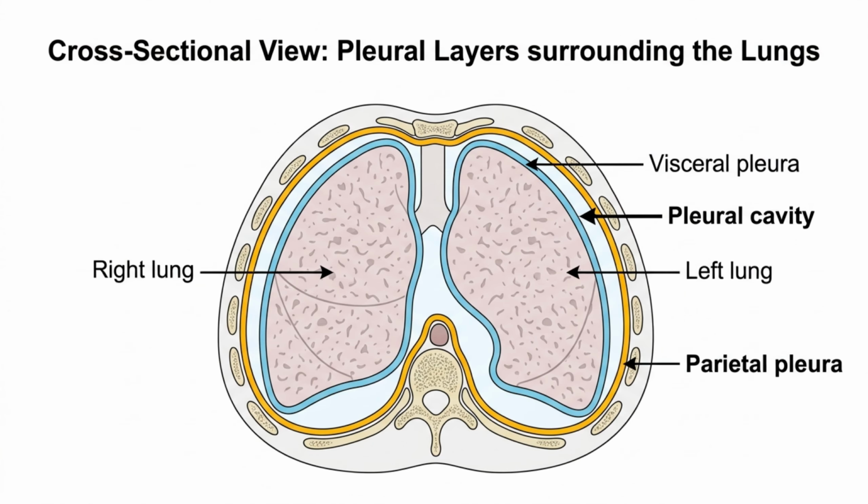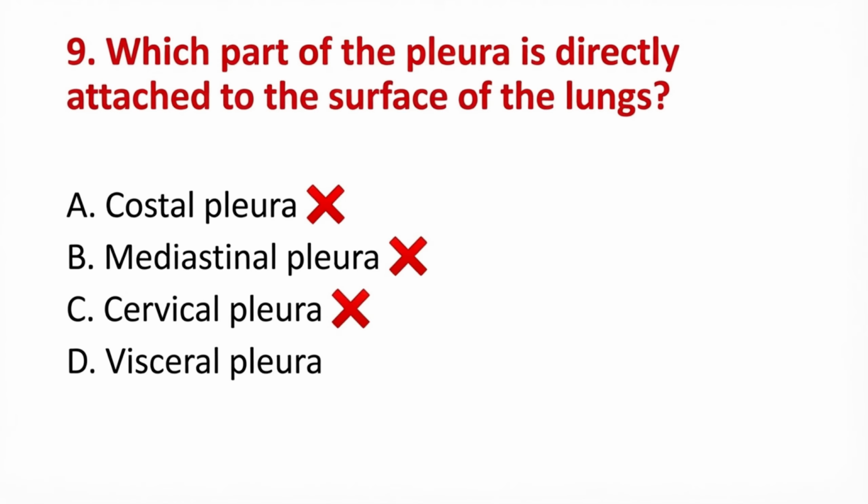Why other options are incorrect? Option A is incorrect because the costal pleura is the part of the parietal pleura that lines the inner surface of the ribs and the intercostal spaces. Then option B is also incorrect because the mediastinal pleura covers the lateral surface of the mediastinum rather than the lungs.